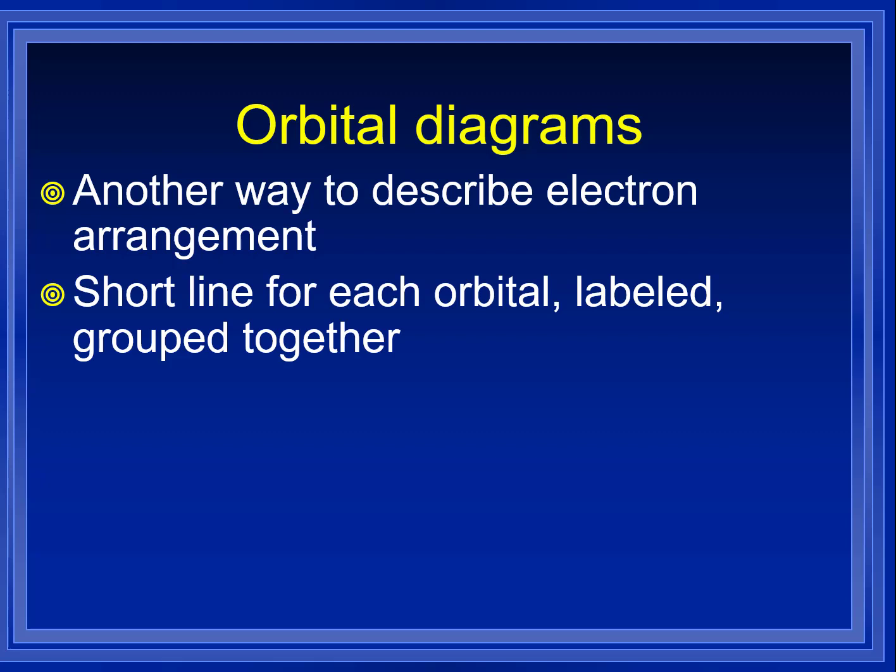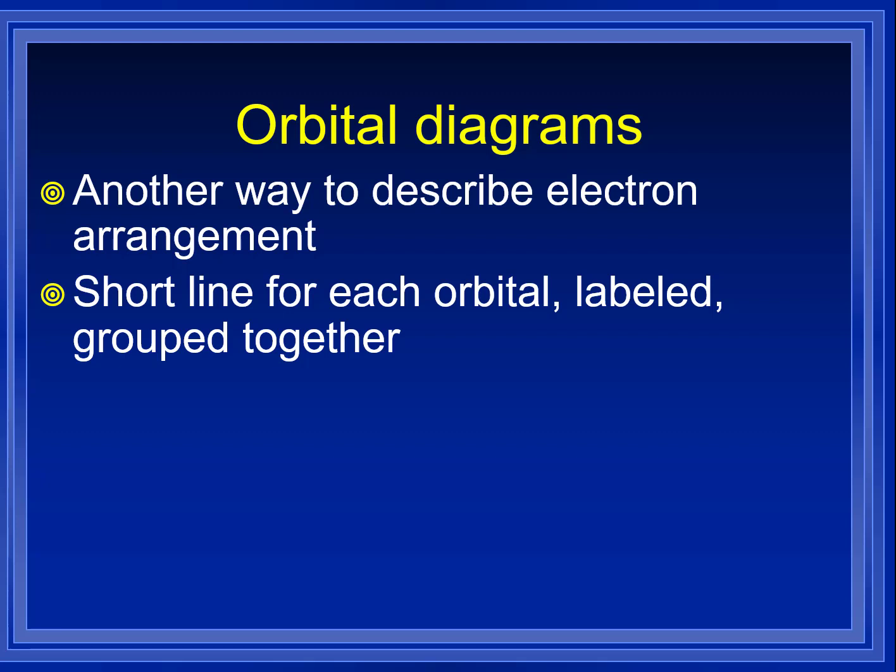It's really just our diagonal diagram flattened out. So instead of going up, you just move the pieces over. And instead of writing whole boxes, you just write a line. So a short line for each orbital.